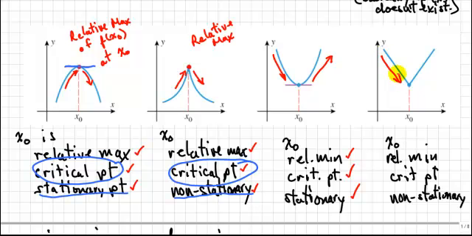Again, our function is decreasing immediately preceding the point, and increasing immediately following the point. You get a relative min at x naught. And that's a critical point, but a non-stationary one, because again, it's a point of non-differentiability.